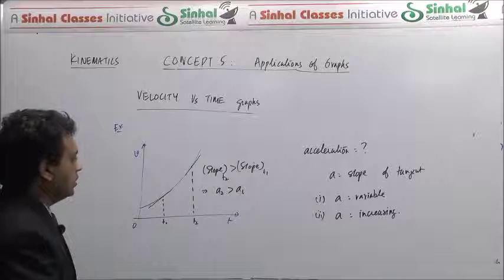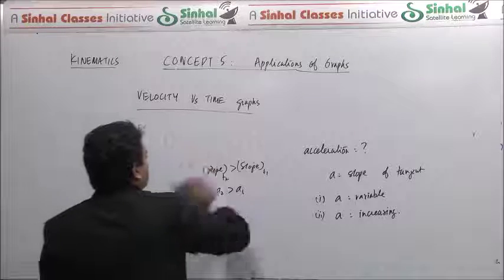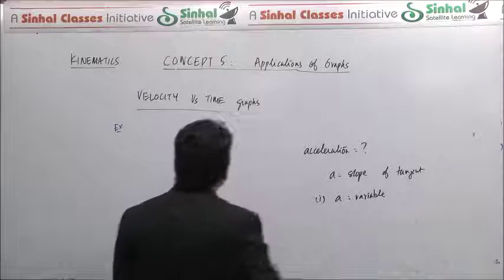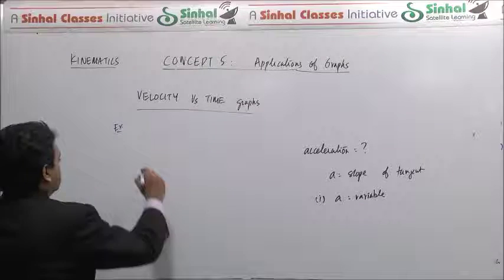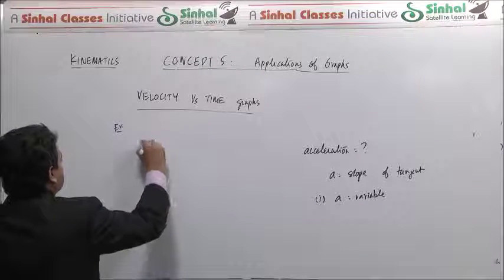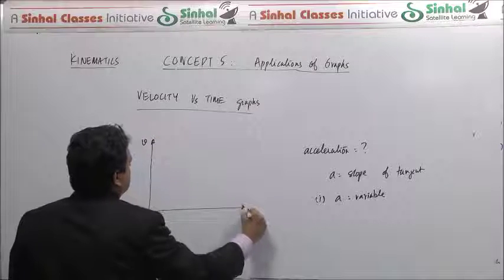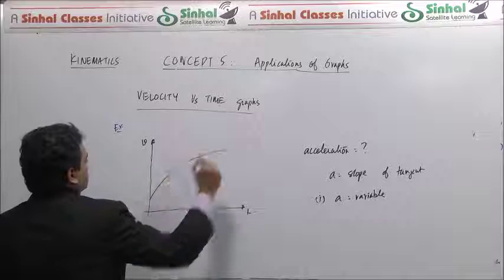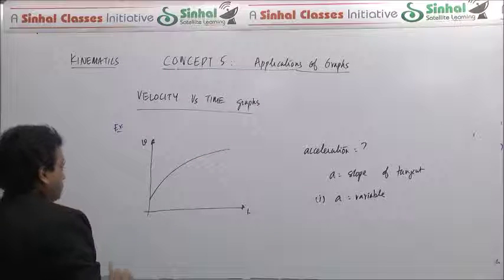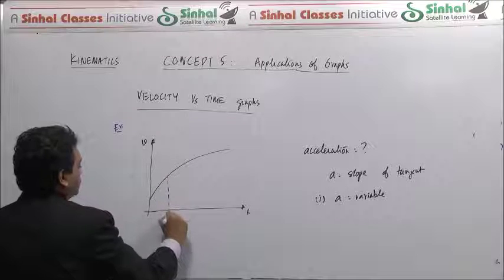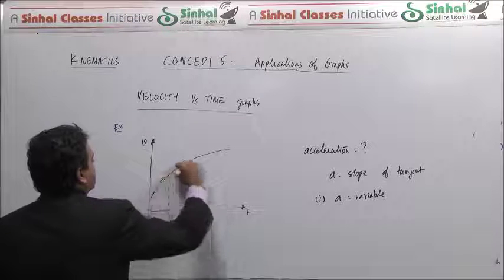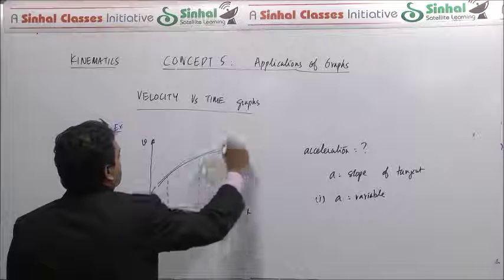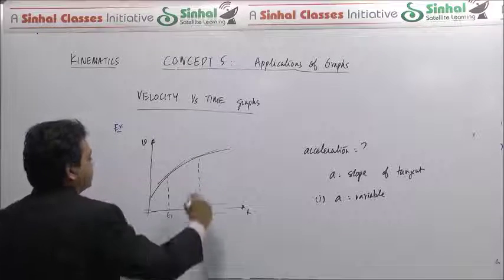Okay. On the other hand, if we had a graph that was looking something like this, now here what we can see is that if you draw a tangent at a time t1 and then again draw a tangent at the time t2, then we can see that the slope is decreasing.